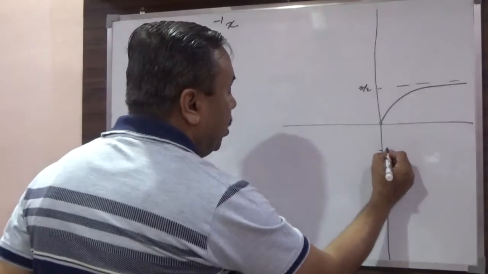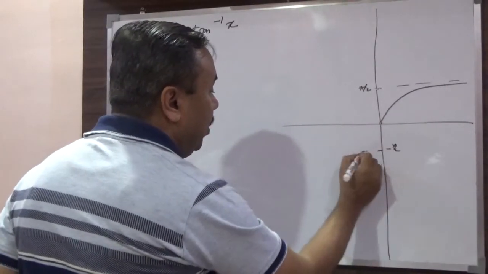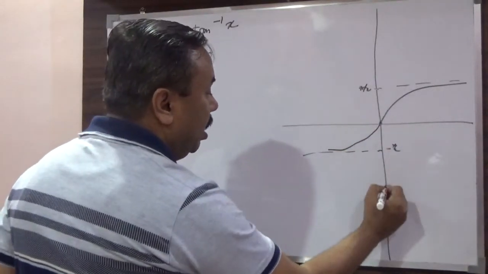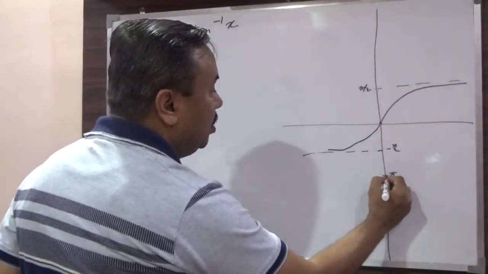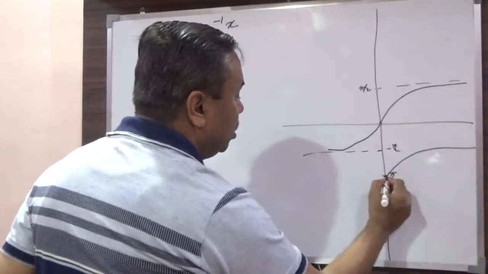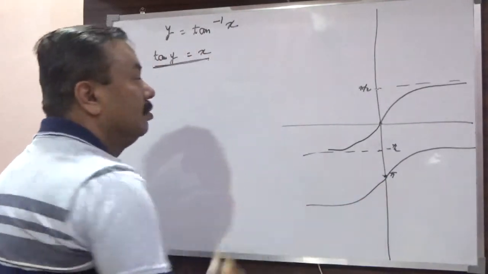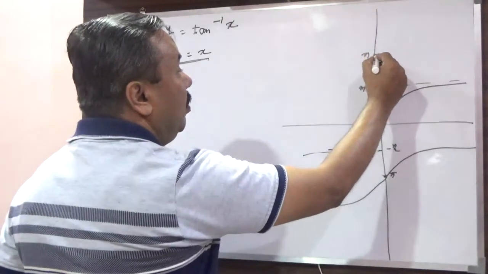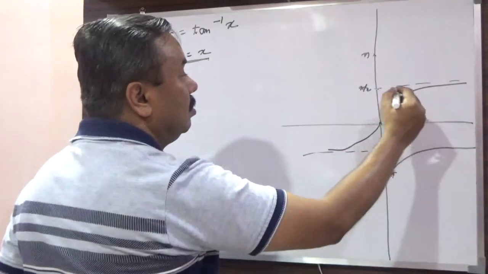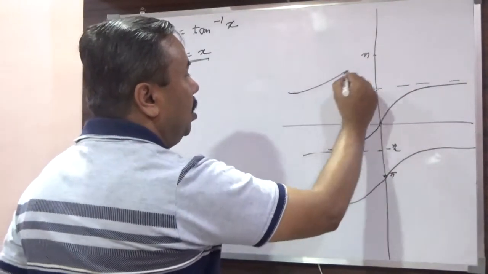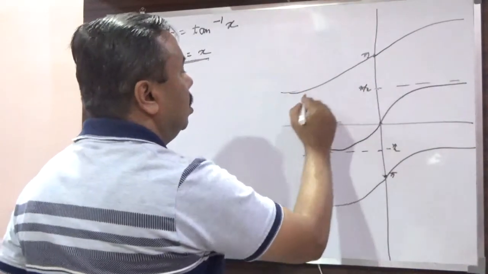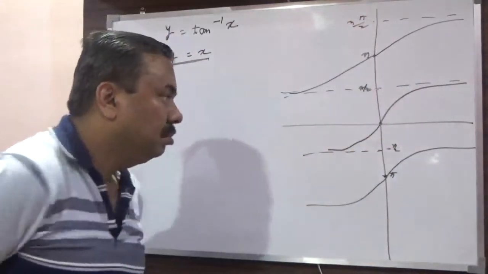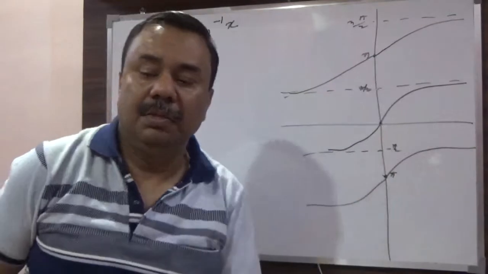Similarly, at minus pi by 2, x will not have any value. It will be like this. Okay, and similarly, at pi it will be 0, and the graph will move like this. From there also, at pi it will be 0, and it will start from here and go there like this, and this value will be 3 pi by 2. So such types of graphs you will be getting.